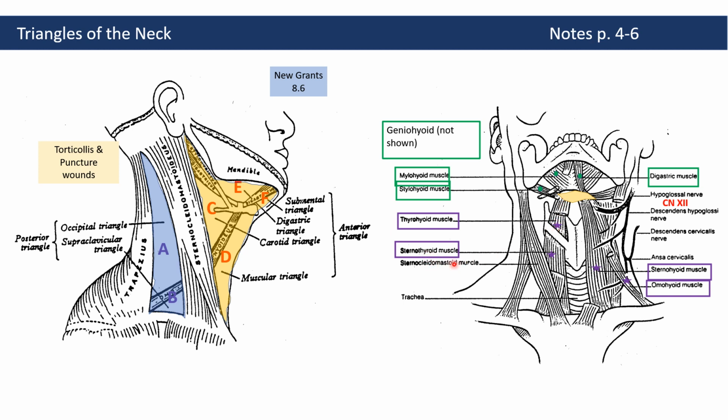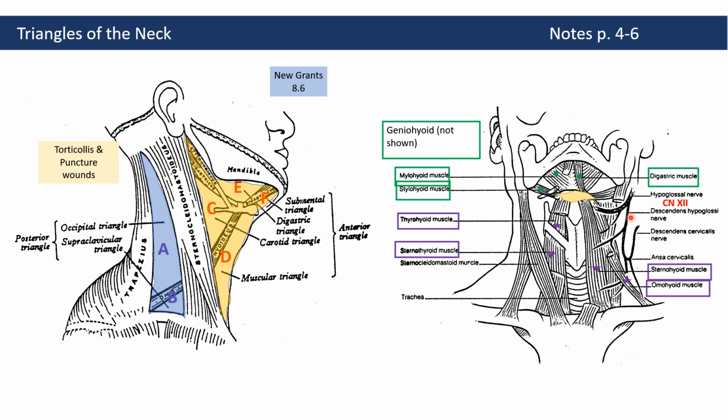Now, it's easy to remember what innervates the infrahyoid muscles, because all of them, except the thyrohyoid muscle, are innervated by a loop of nerve that is made of cervical nerves C1 through C3. So C1, 2, and 3 form a structure called the ansa cervicalis, and ansa means loop. Each arm of the loop can be referred to by different names.